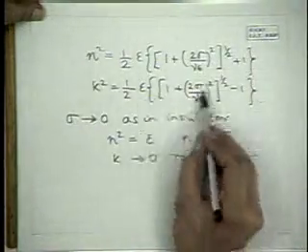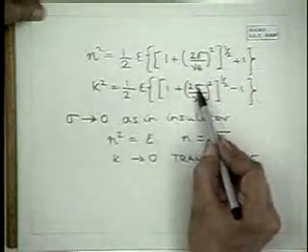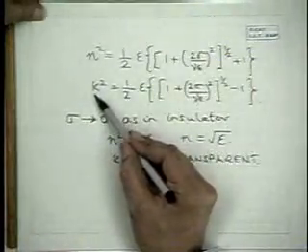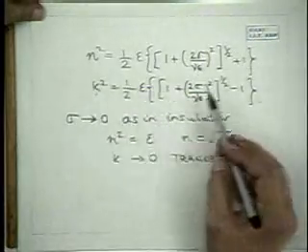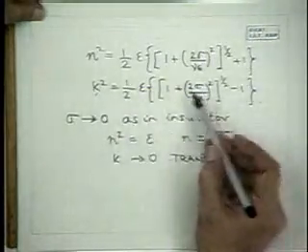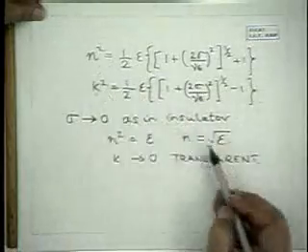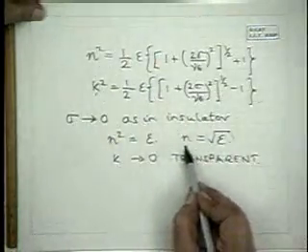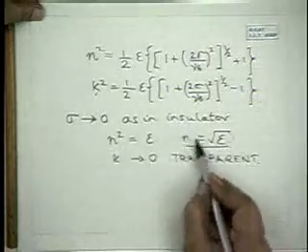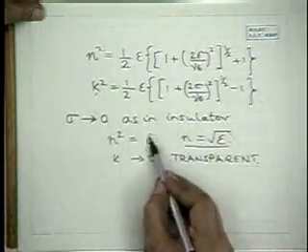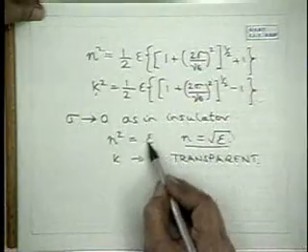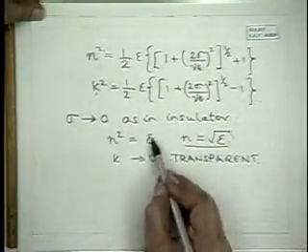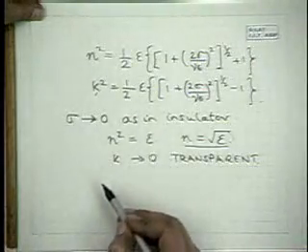So these relations are important because if you measure sigma, the conductivity of a material, you can calculate the extinction coefficient. If you know sigma and epsilon, you can calculate n and k. This expression is also quite well known, that the square of the refractive index is equal to the real part of the dielectric constant.